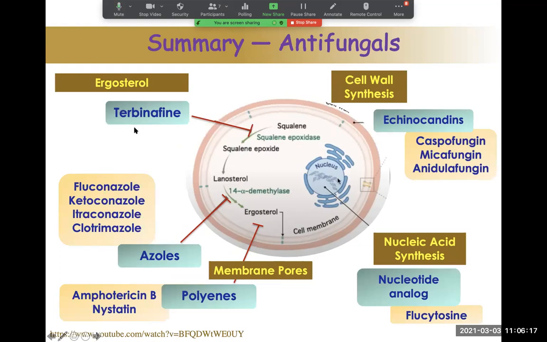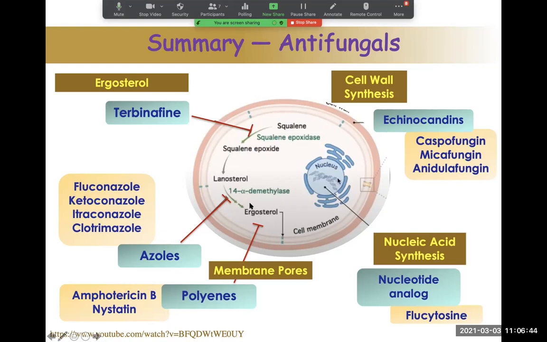So here you have all these drugs focused on ergosterol. Terbinafine attacks squalene epoxidase. Going from lanosterol to ergosterol, there is an enzyme called 14-alpha demethylase, and all the azoles, fluconazole, ketoconazole, itraconazole, clotrimazole, attack this 14-alpha demethylase.